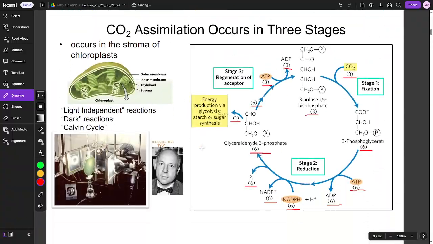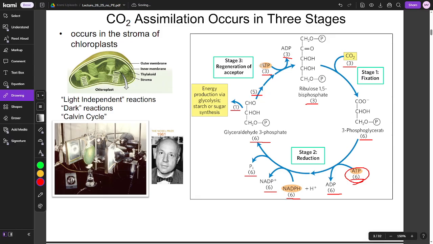It requires 6 ATP here, 3 ATP here, and 6 NADPH, and 3 CO2 up here. That's what you need to know. It requires 3 CO2, 9 ATP, and 6 NADPH, and produces 9 ADP, 6 NADP plus, and 1 triose phosphate that goes off into the wilderness.